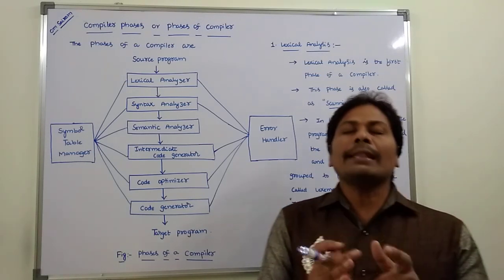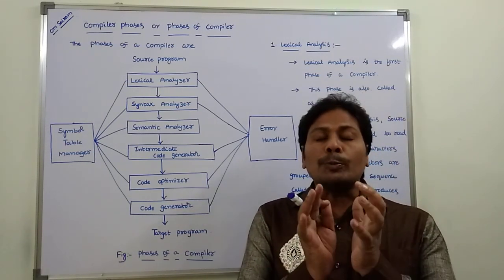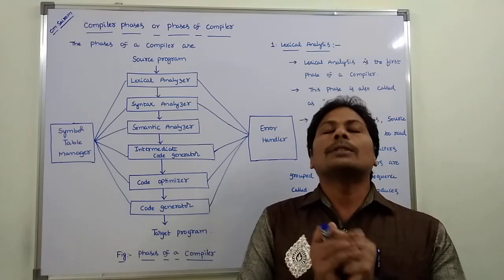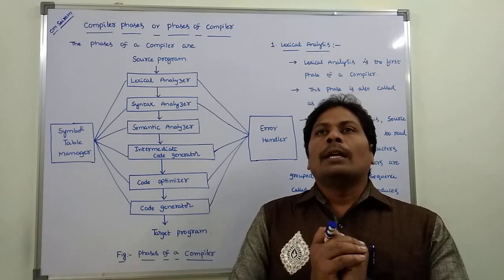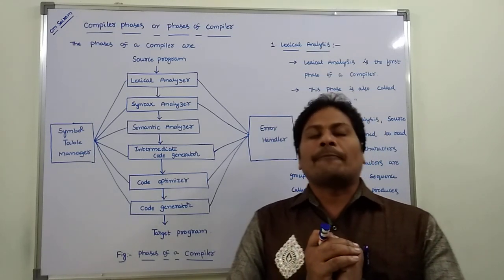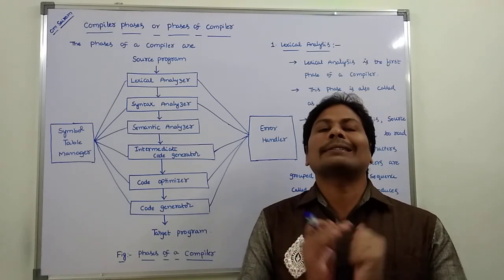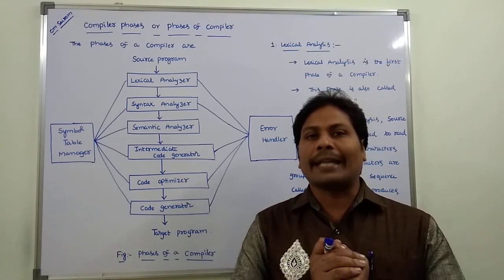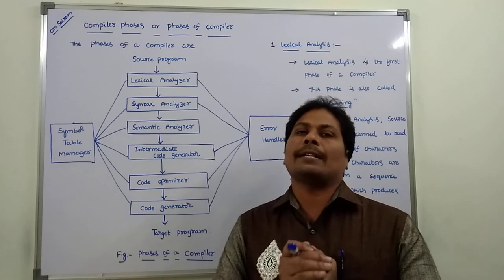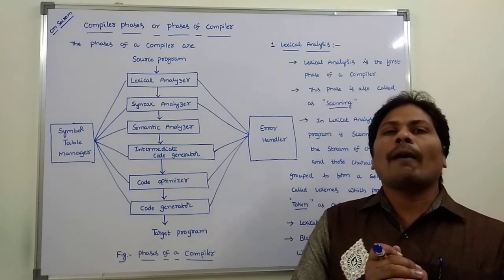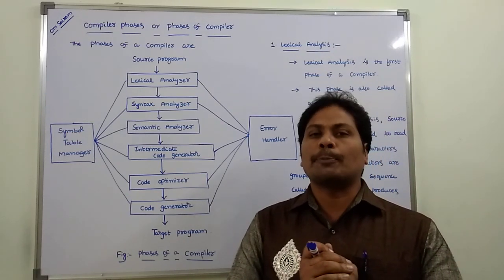So the output of the lexical analysis phase is tokens. In the lexical analysis phase, the blank spaces between the characters can be eliminated. The input for the lexical analysis phase is the source program.